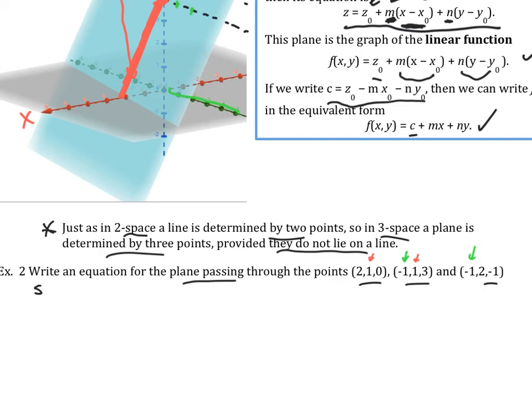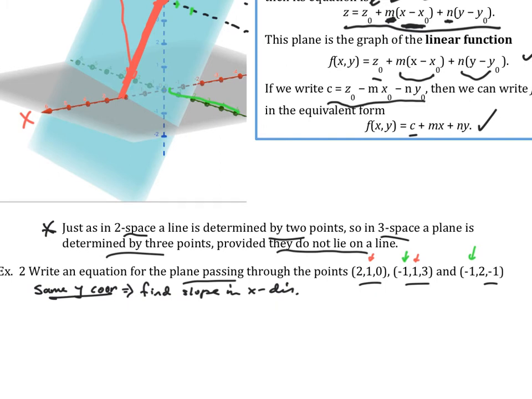If I have the same y coordinate, then what I can do is find the slope in the x direction, because I'm going to be in a single plane within that x direction that's going to be parallel to the x-axis. So let's try this and see how this works.